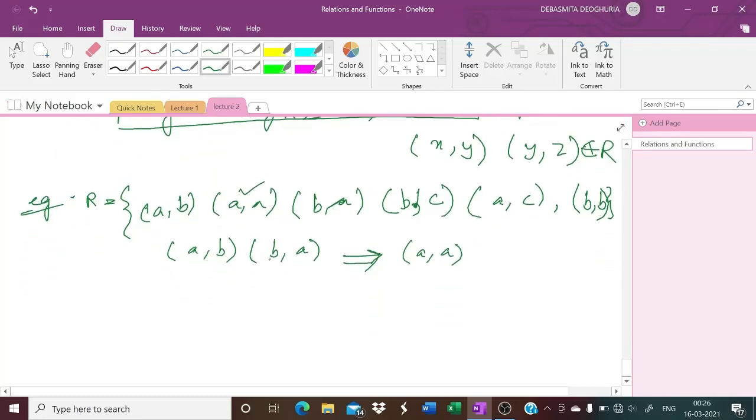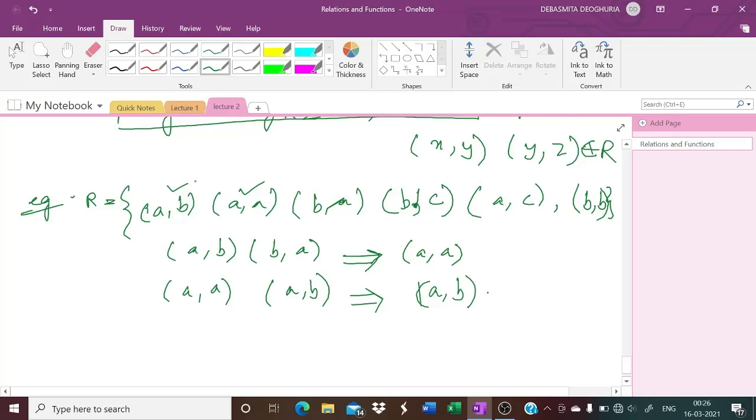Okay, now next, (a, a) and (a, b). For these two, I have (a, b) in my relation. This element is present.